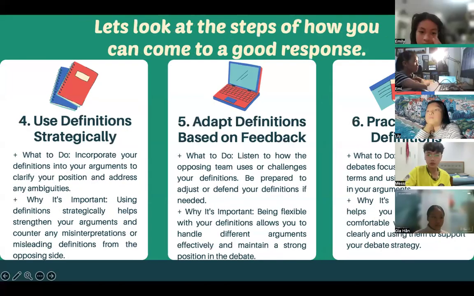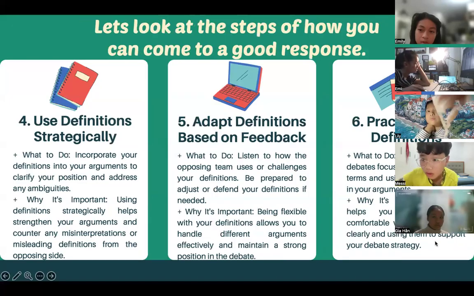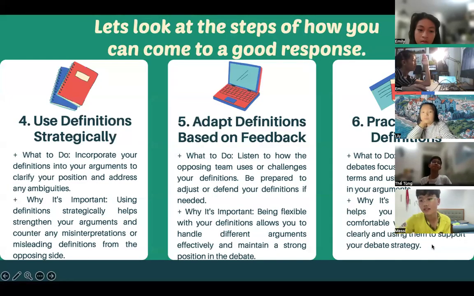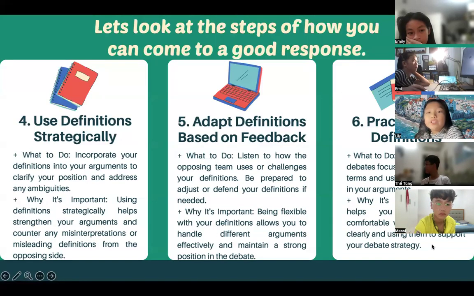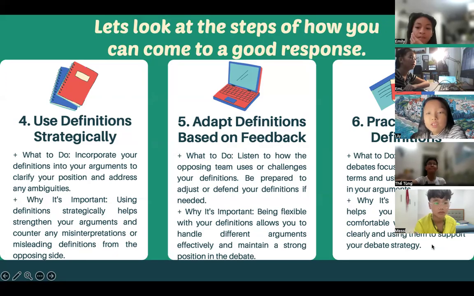Okay. And number 4. Who wants to read number 4? Number 4, Lily. Yes. Use definitions strategically. What to do? Incorporate your definitions into your arguments to clarify your position and address any ambiguities. Why is this important? Using definitions strategically helps strengthen your arguments and counter any misinterpretations or misleading definitions from the opposing side.